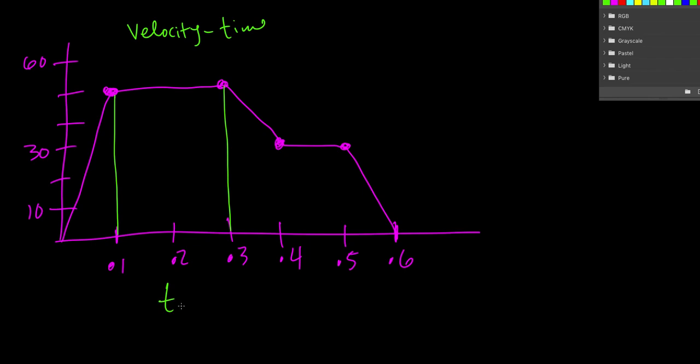So this is time, this is velocity. And so if we're given velocity and we want to know distance or displacement, we go back. So we would take the antiderivative, which is like an integral, which is the area under a curve.